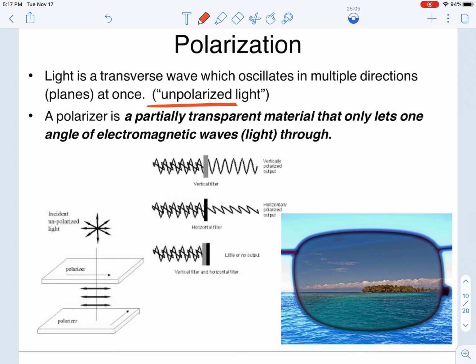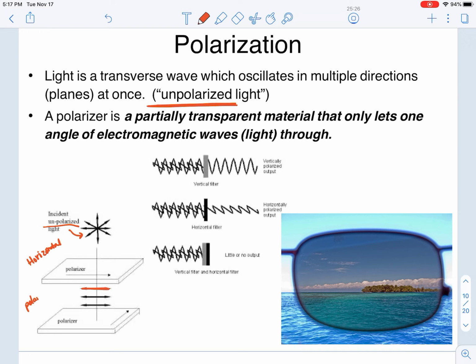And in this picture here on the left, you see that this is a horizontal polarizer. And the reason why we would call this a horizontal polarizer is because it only allowed light along the horizontal or x-axis to pass through the filter.